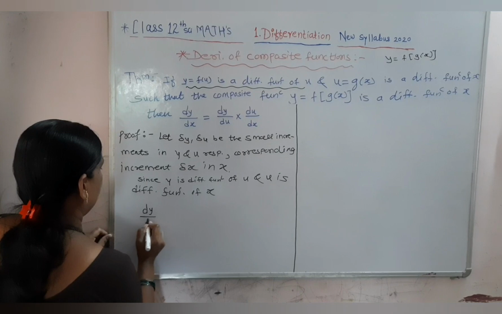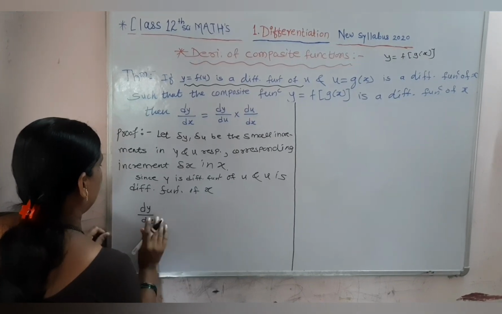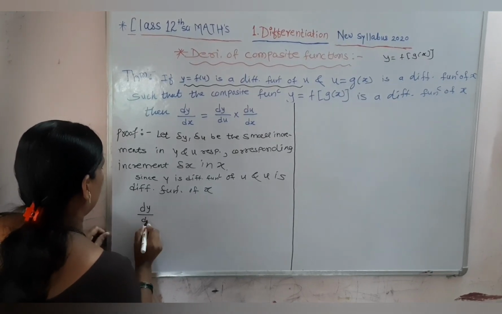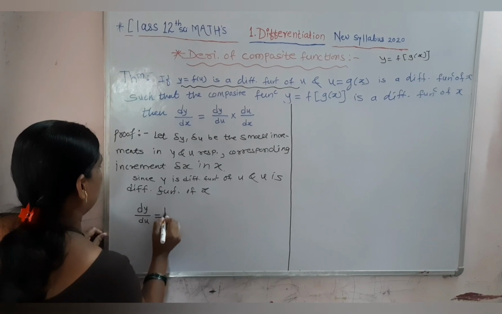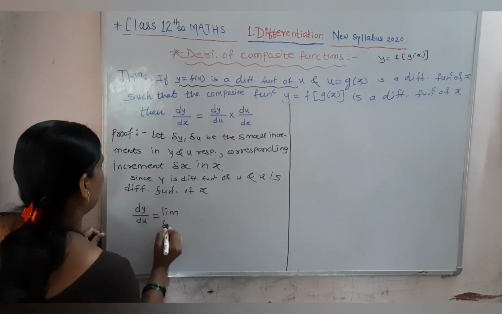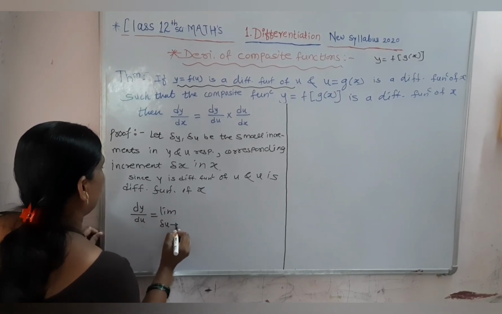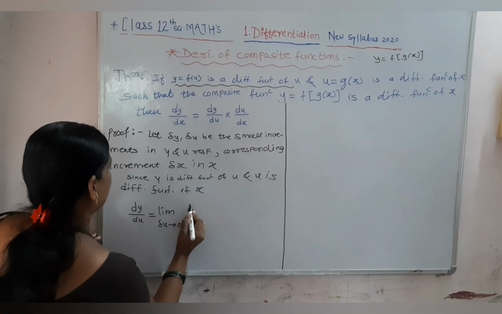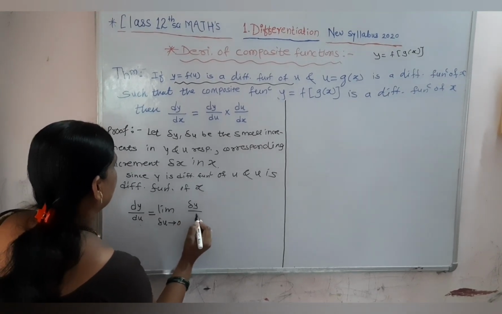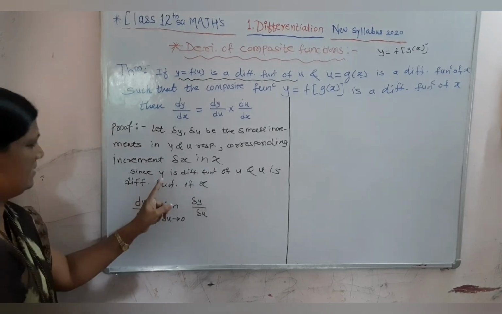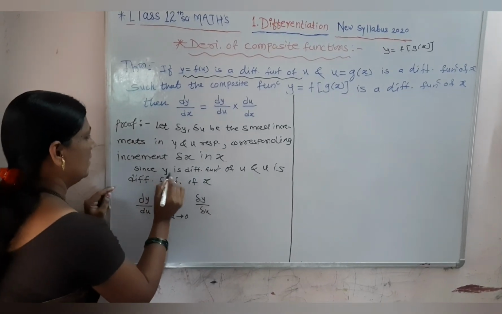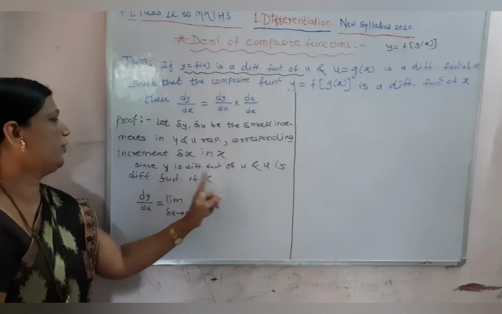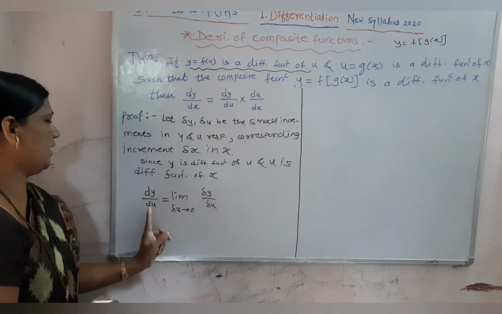dy by du is equal to limit delta u tends to 0 delta y by delta u. The meaning of this sentence is y is a differentiable function of u, that is y is differentiated with respect to u.